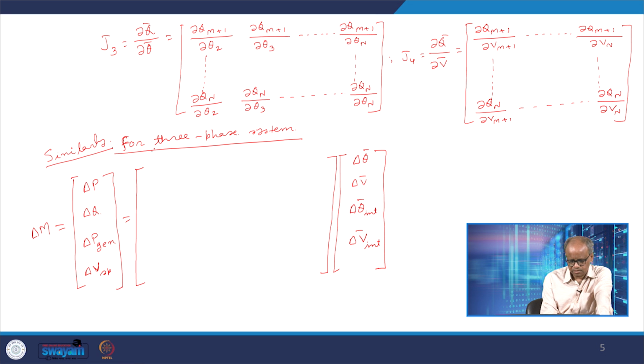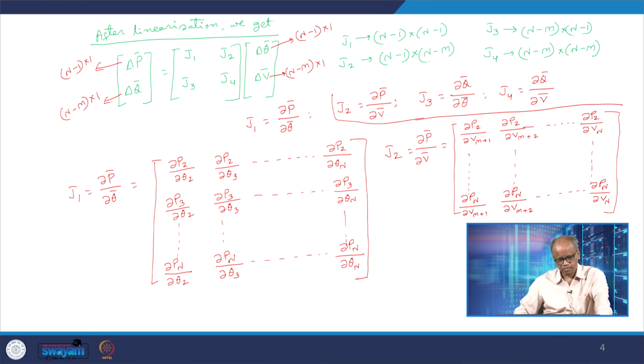And now in the case of single phase I have got two subvectors in the known vector and two subvectors in the unknown vector. So then therefore the total number of submatrices in the Jacobian matrix is 4, 2 into 2, J1, J2, J3, J4.